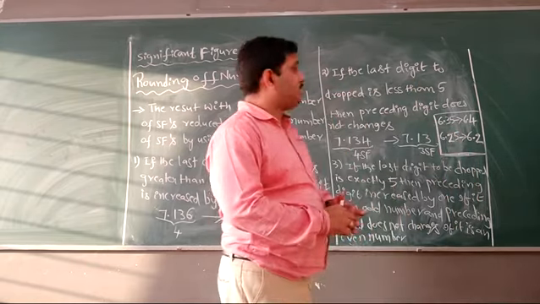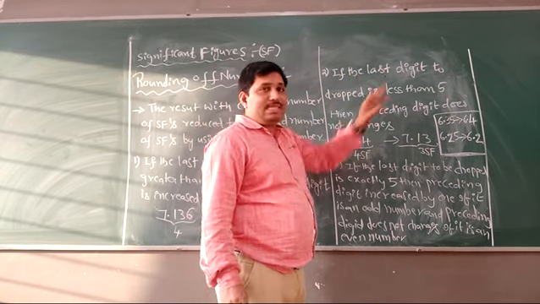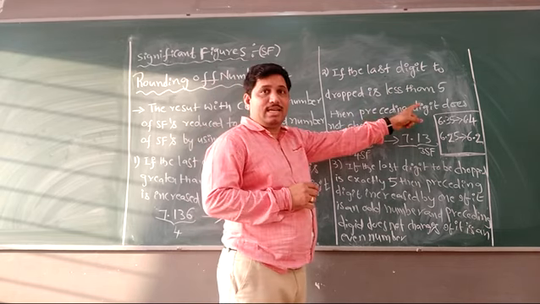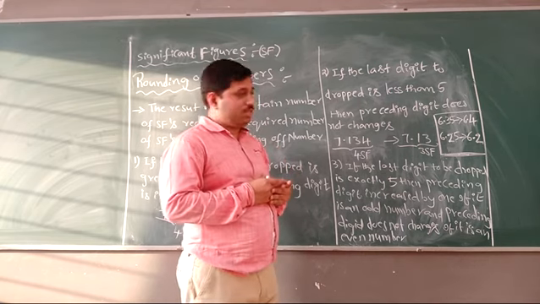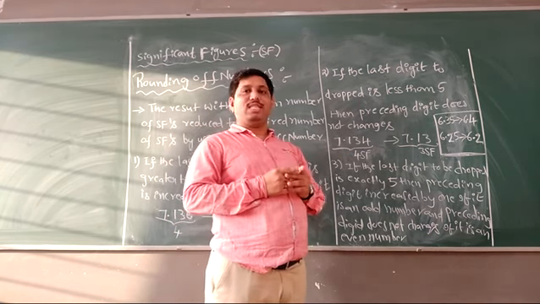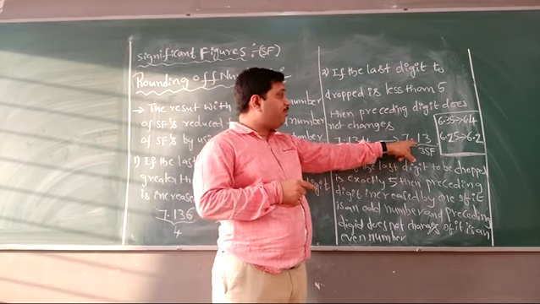Okay students, next one. If the last digit to be dropped is less than 5, then the preceding digit does not change. Here 7.134 has 4 significant figures. That can be reduced to 3 SFs, 7.13.